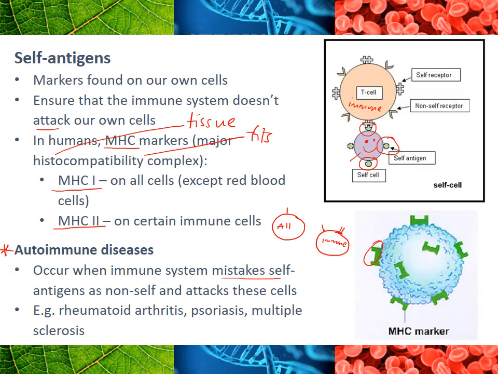Some examples of autoimmune diseases are things like rheumatoid arthritis, where the immune system attacks some of the cells in a person's joints and causes a lot of pain. It can cause psoriasis, when the immune system attacks a person's own skin cells and causes skin problems.